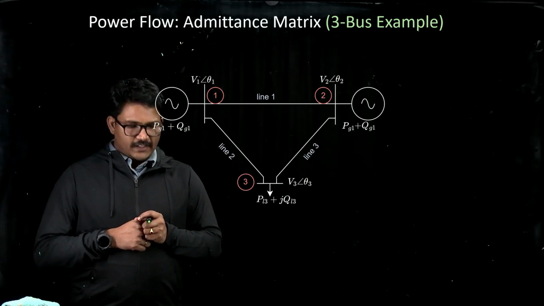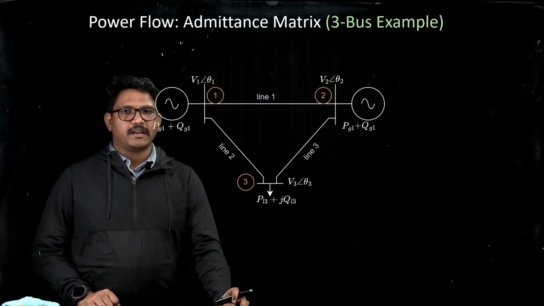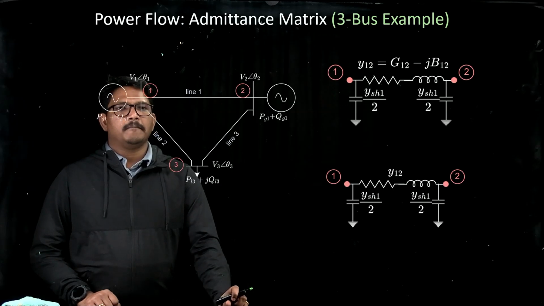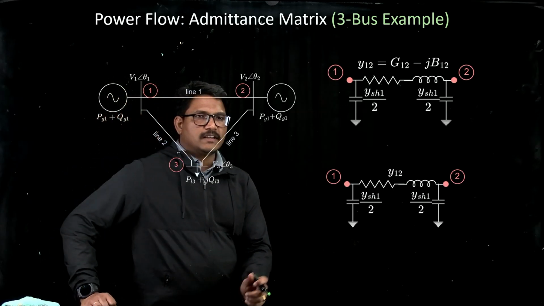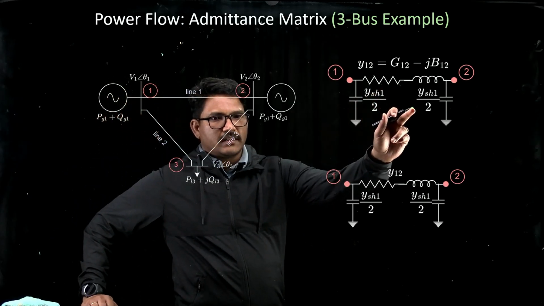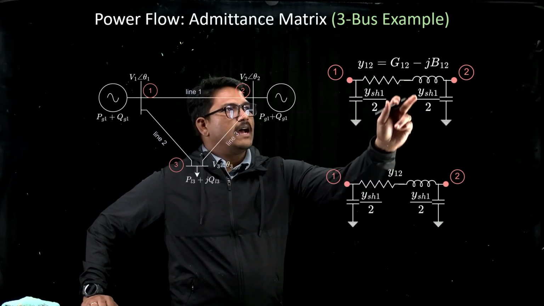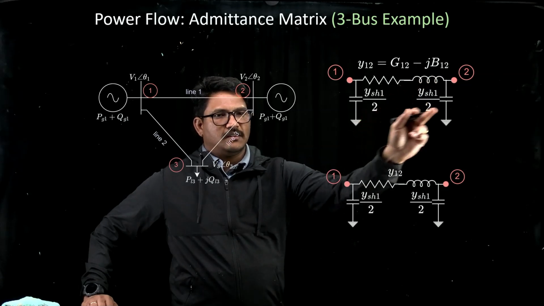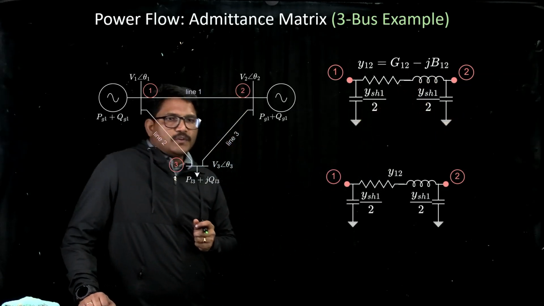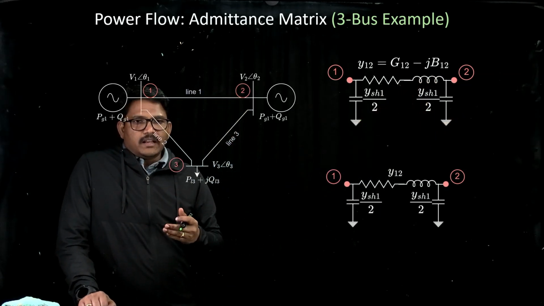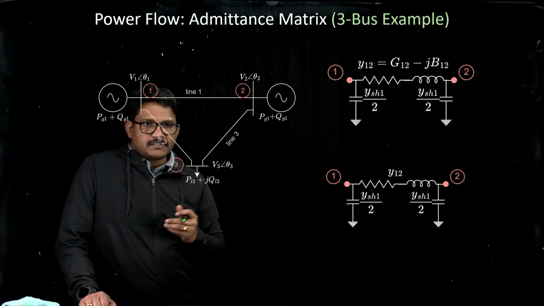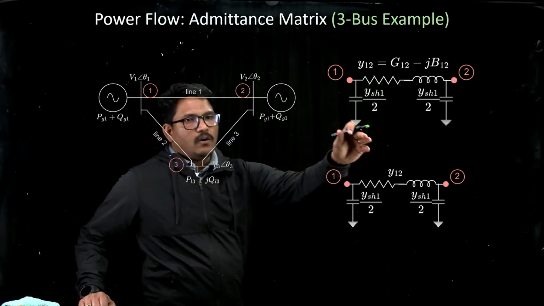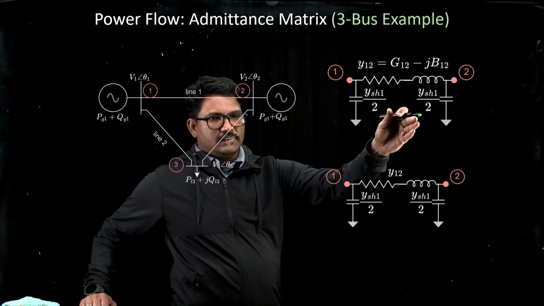So now when we say that a line is represented by a pi, then on the right hand side you can see that the transmission line is represented by a pi network that has a series resistance and reactance and also the shunt susceptance. Now if you are trying to calculate an admittance bus matrix, then you want to write all these values in terms of admittances.